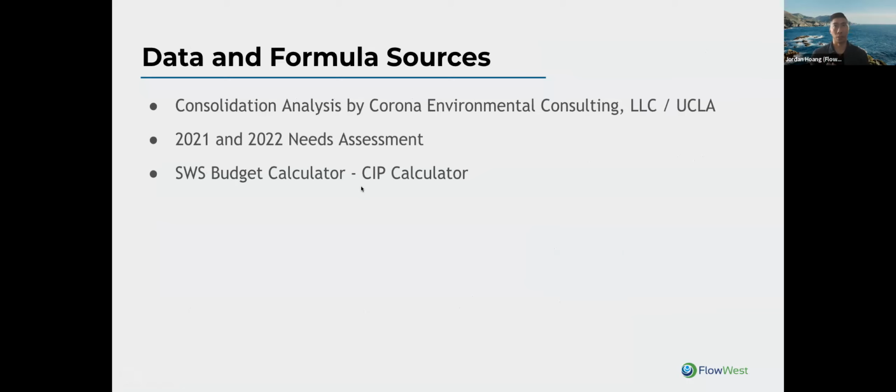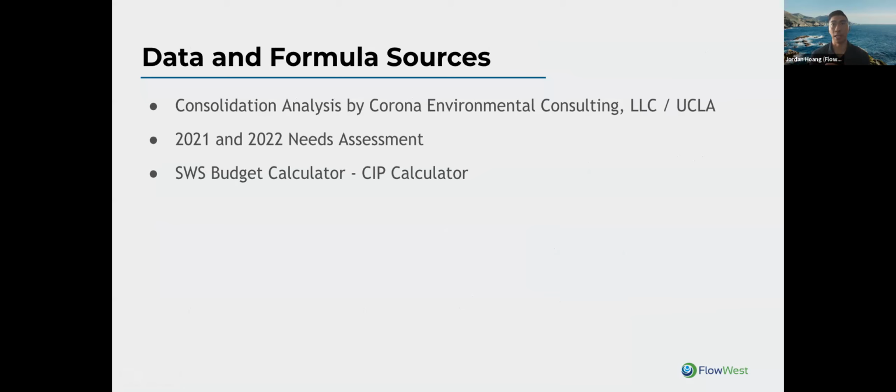So, data and formula sources. We use the consolidation analysis done by Corona and UCLA that has a really expansive list of water systems and data relevant to each water system, such as population, connections, and the receiving water system that it would be associated with.